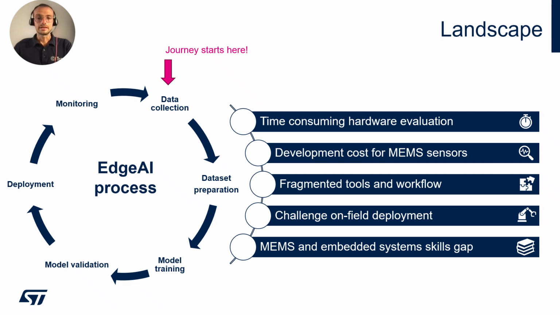This means that the ramp-up can be quite slow when you start to develop an Edge AI solution from scratch. Further, each step might involve different tools, leading to a fragmented and time-consuming user experience and workflow. Finally, deploying a solution on the field is generally not a trivial task. It involves programming and configuring devices, gateways, cloud applications, and integrating them together to create an end-to-end solution. Not a trivial task at all, as we'll see.